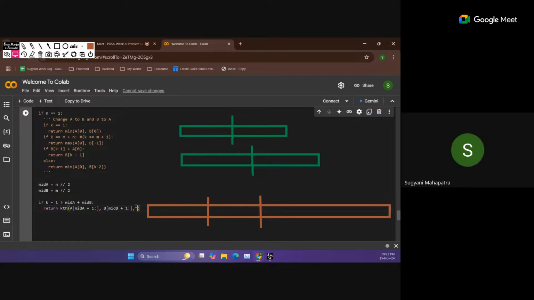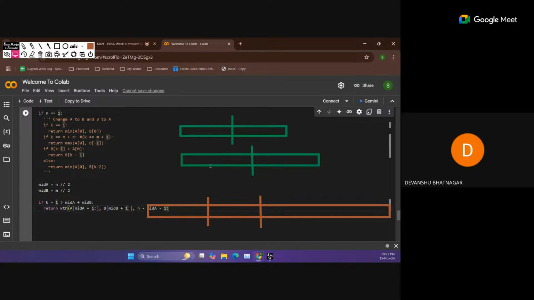And what should be the value of n now? N will be N by 2. We can write length of A, or we can just write n will be equal to n minus middle of A minus 1.